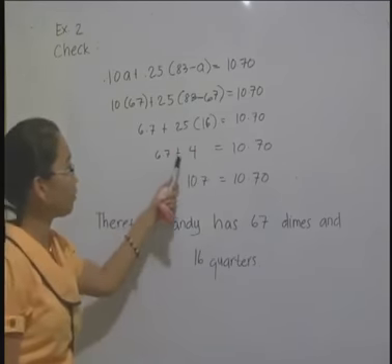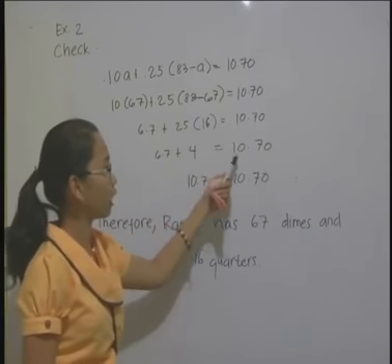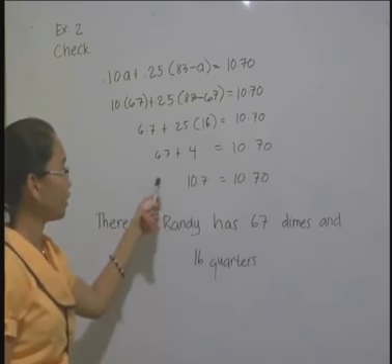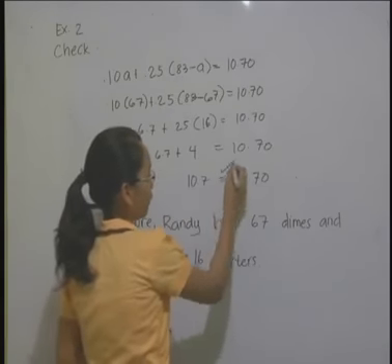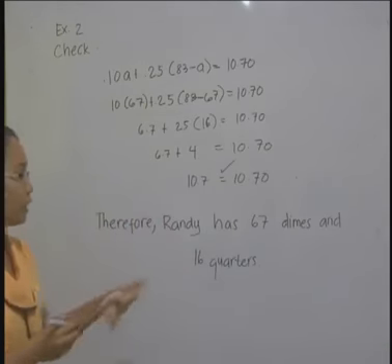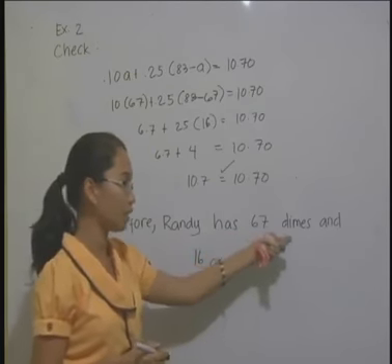Now, 6.7 plus 4 is equal to 10.70. Therefore, Randy has 67 dimes and 16 quarters.